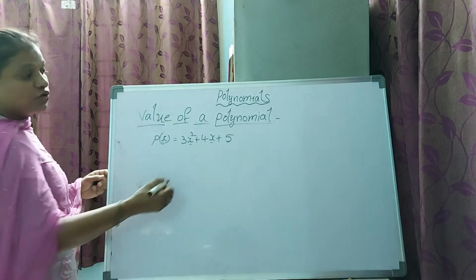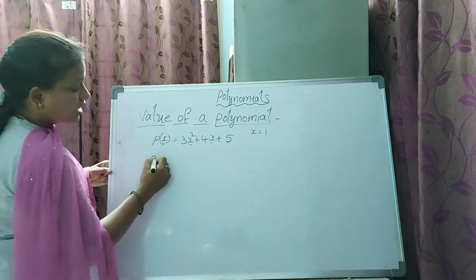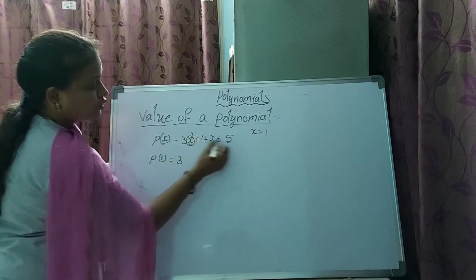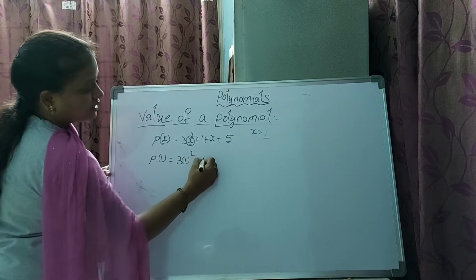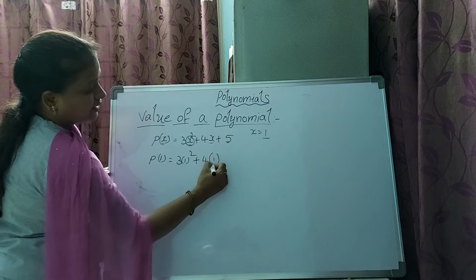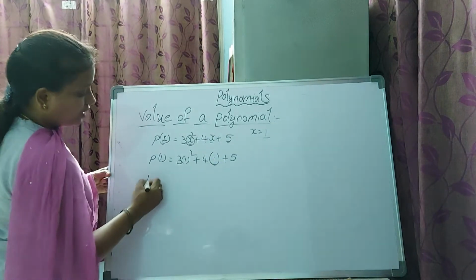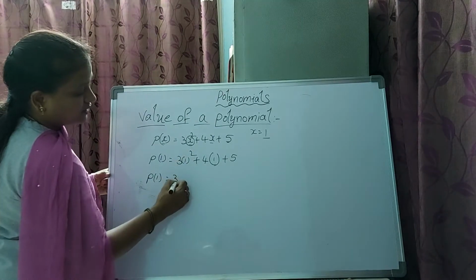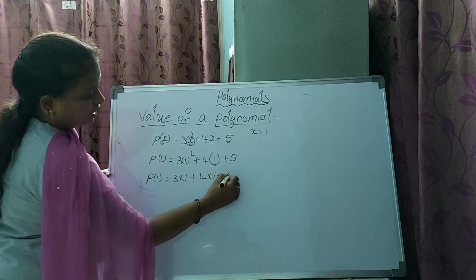If x is equal to 1, then p of 1 is equal to, instead of x you have to place 1: 3 into 1 square plus 4 into 1 plus 5.